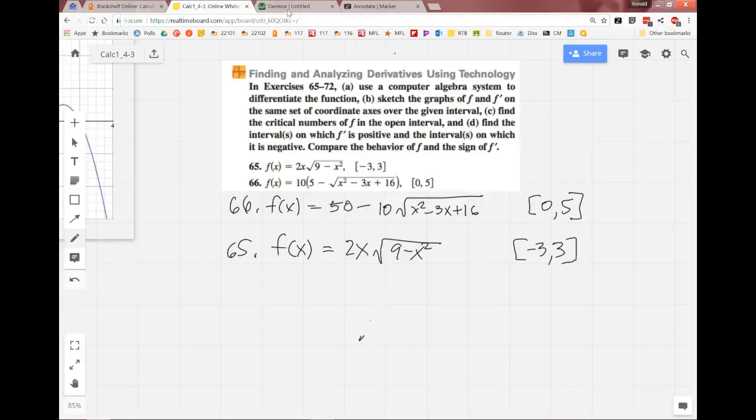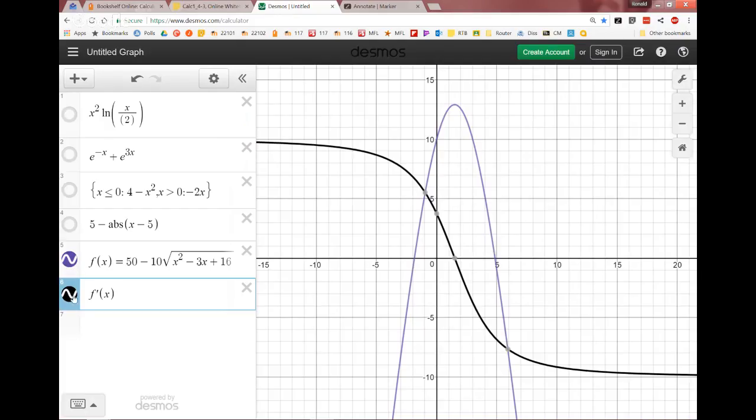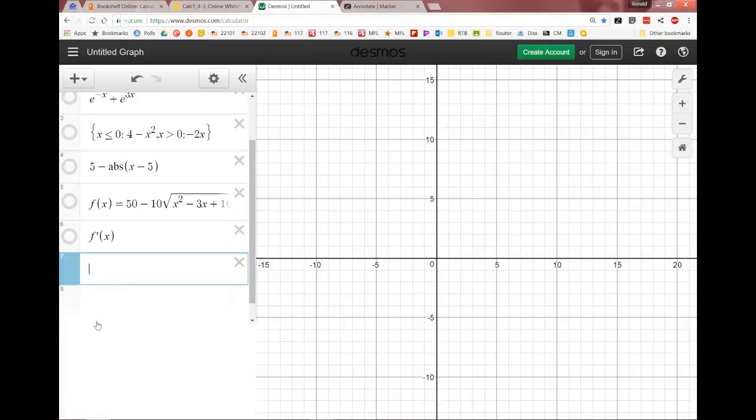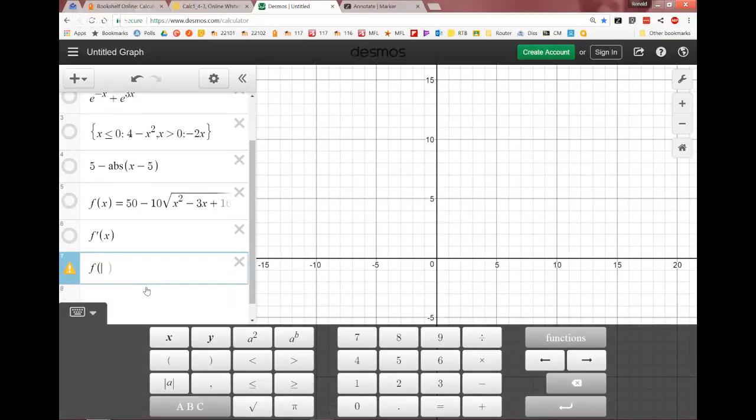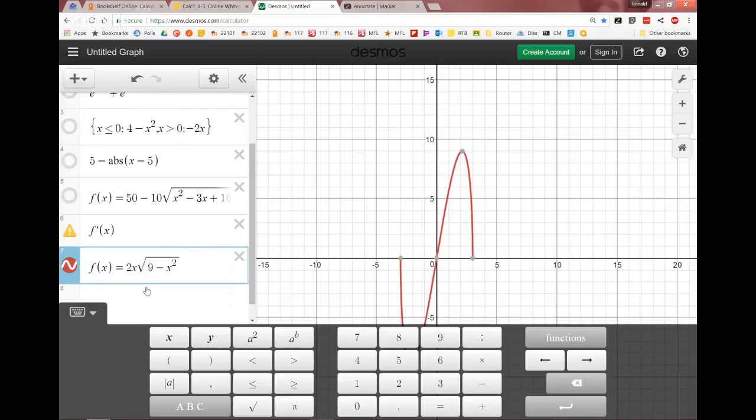Okay, come over to Desmos. And f of x equals, redefining it here, 2x times the square root of 9 minus x squared. All right, so you can see that's what our function looks like.